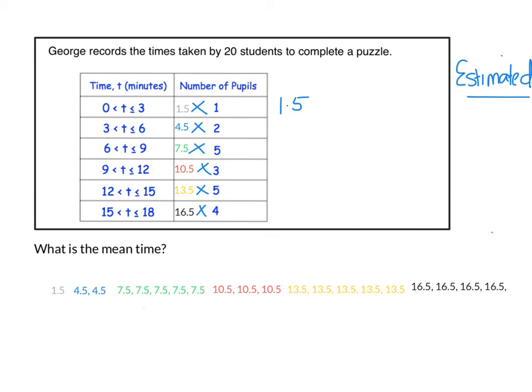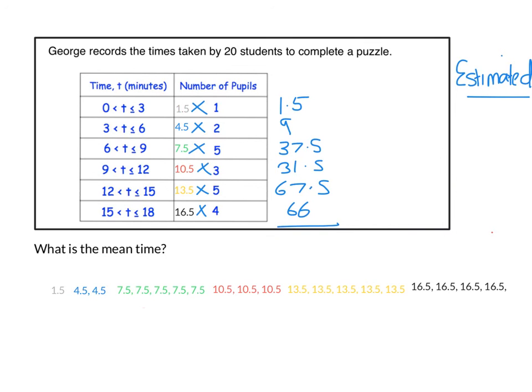So I've got 4.5 times 2, which is 9, 7.5 times 5, which is 37.5, 10.5 times 3, 31.5, 13.5 times 5, that's 67.5, and 16.5 times 4, which is 66.